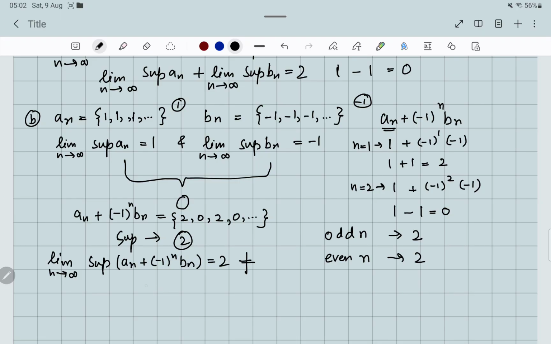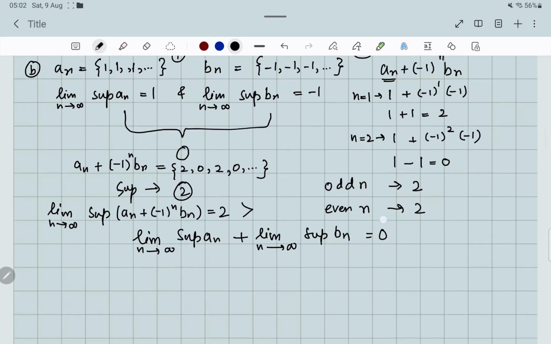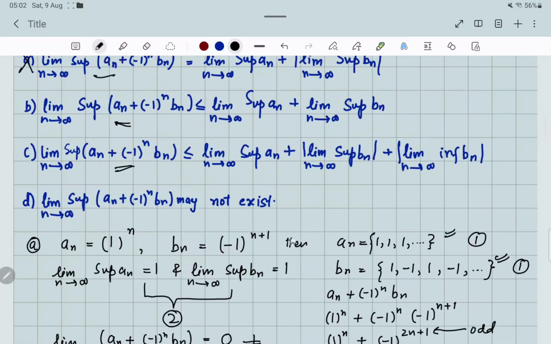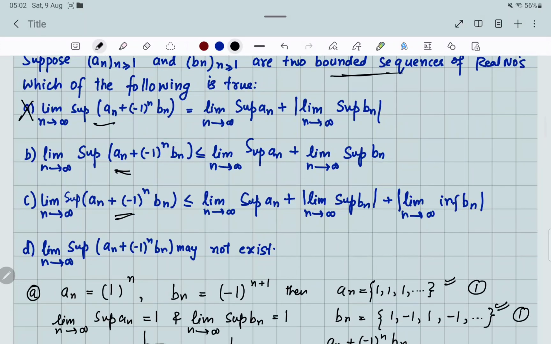This is actually greater than limit supremum a_n plus limit supremum b_n, which was 0. This is greater than, but option B says this is less than or equal to, so this is wrong. We found a counterexample.